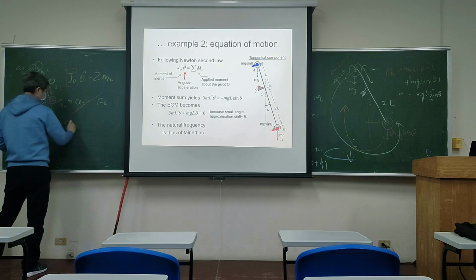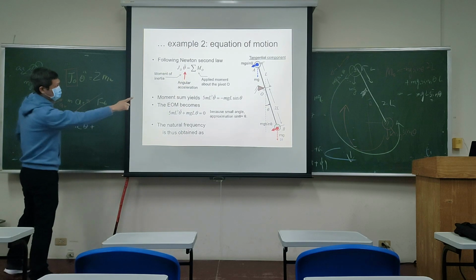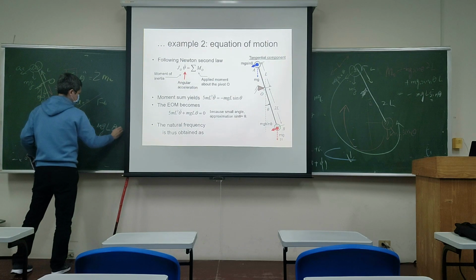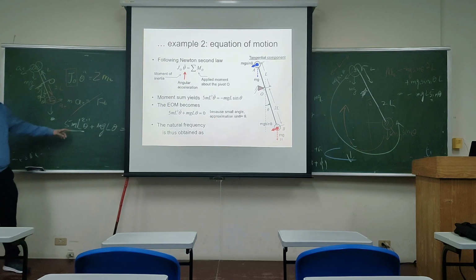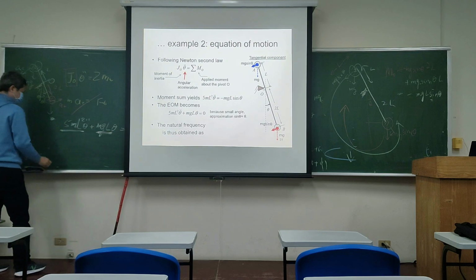You have the equation being 5 ml squared theta double dot plus mgl theta equal to 0. This is the coefficient for the second order derivative, and this is the coefficient for the zero order derivative.